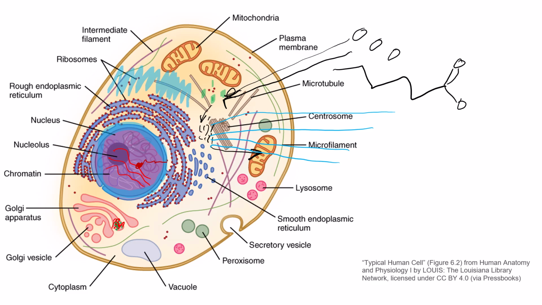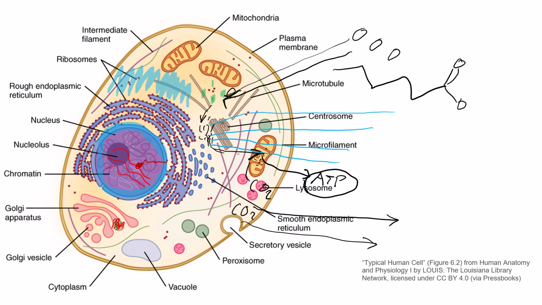Once these molecules are all broken down in the cytosol and even more in the mitochondria, we will make ATP for your cell, and the ATP gives your cell energy. It also makes carbon dioxide, and this carbon dioxide can leave through the cell membrane and leave the cell.